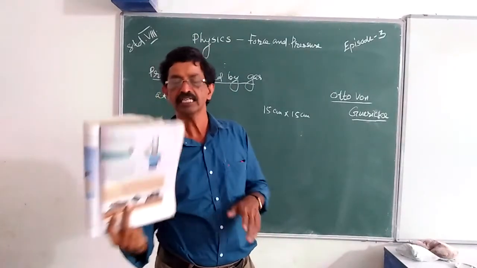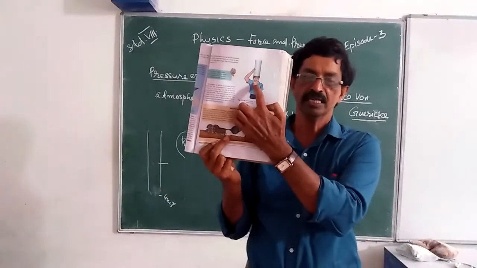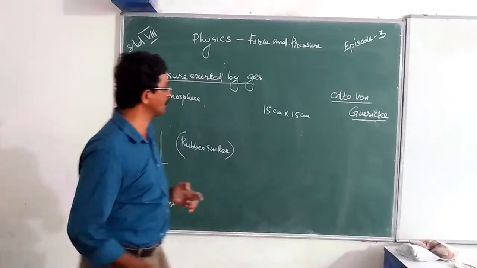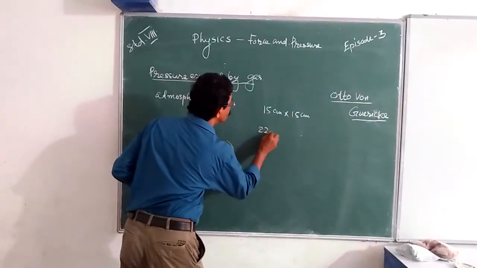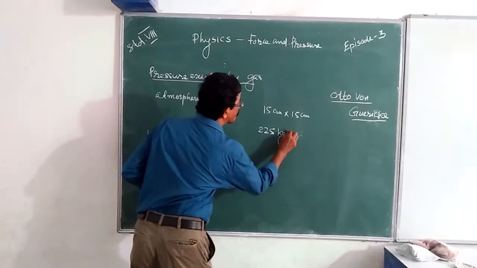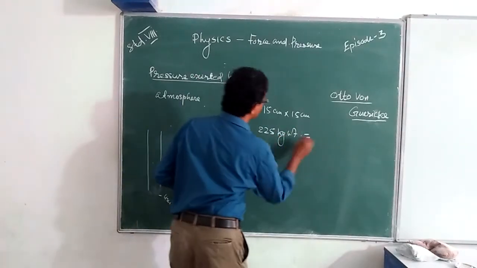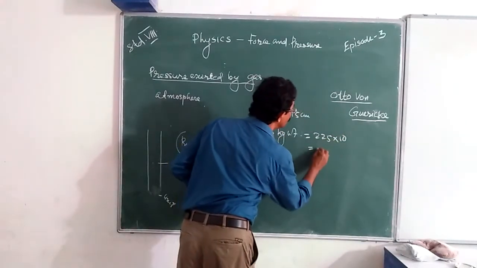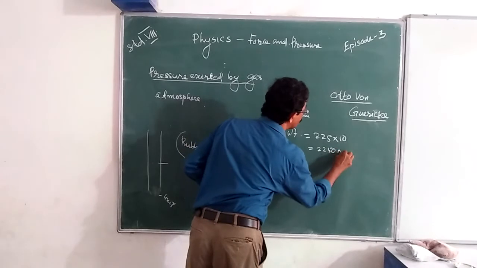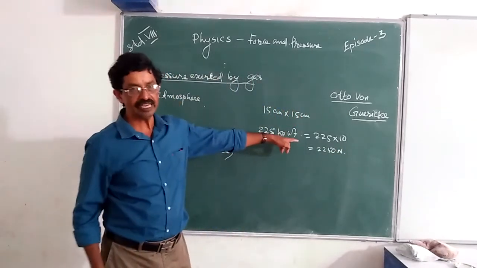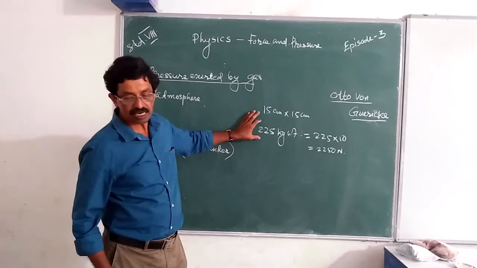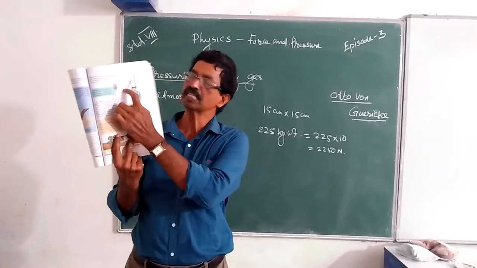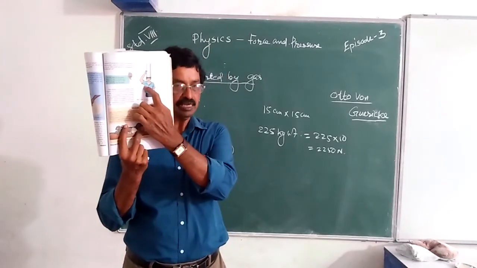Suppose above that, just like in this figure, the air above it exerts a pressure equal to 225 kg weight. 225 kg weight is equal to 225 into 10, that is 2250 Newton. This weight is very large.